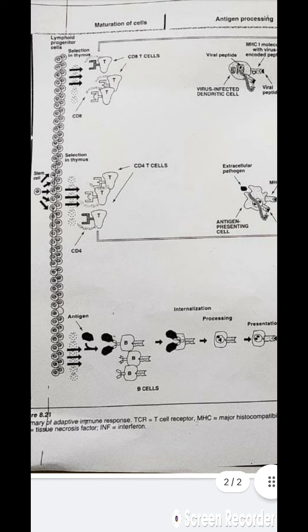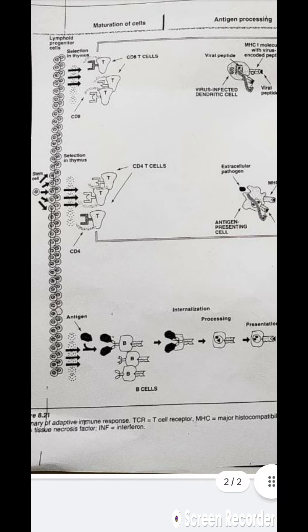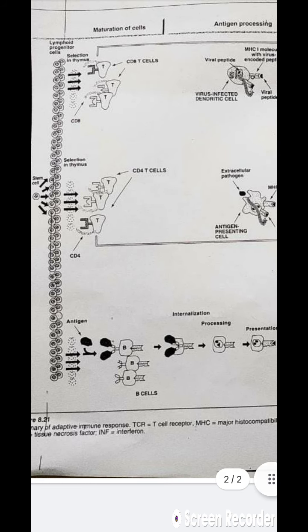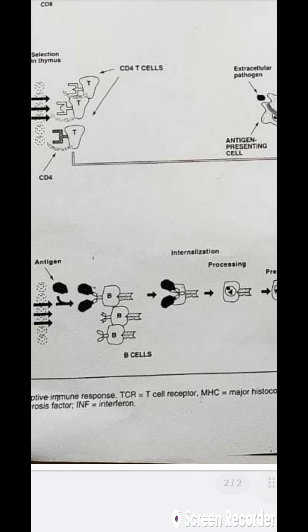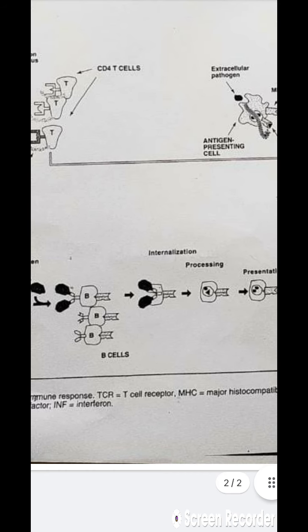But please see in the lower row, the B cell has receptors for the extracellular antigen or extracellular foreign body. It is usually IgM that is present on the surface of the B cell that acts as a receptor for the antigen. So this antigen binds with the IgM on the surface of the B cell. Then the antigen is internalized.